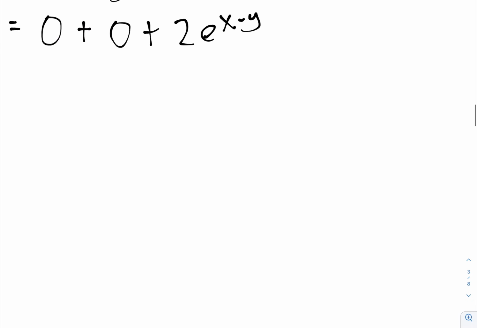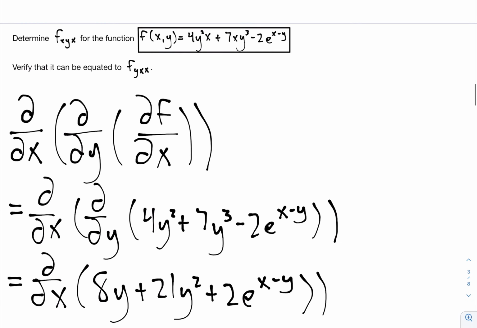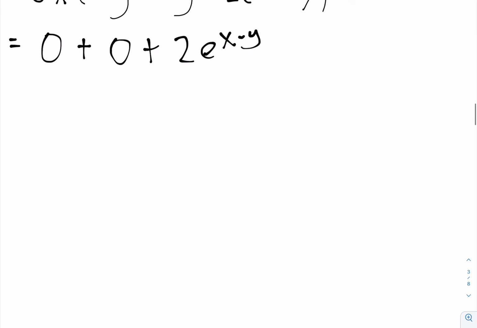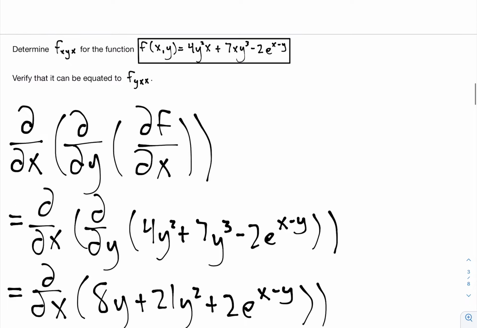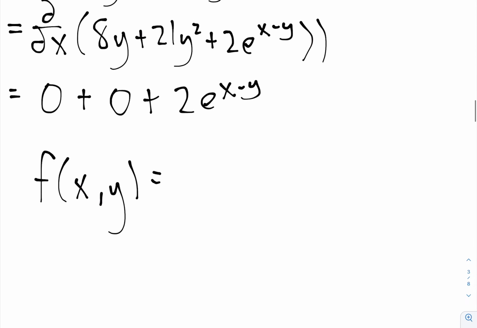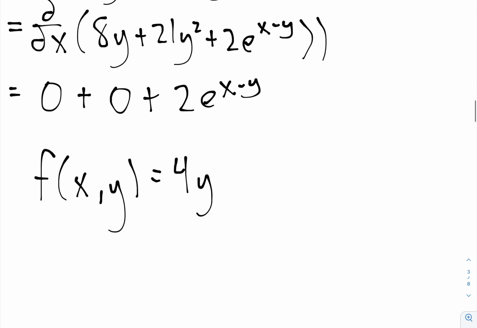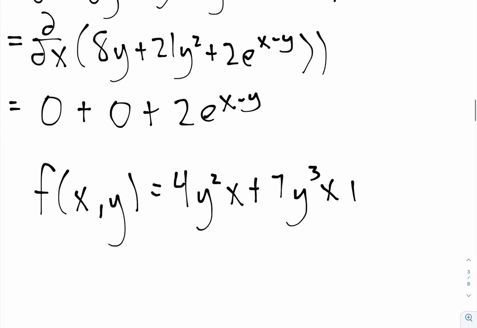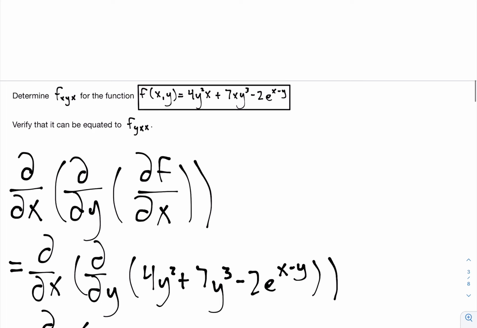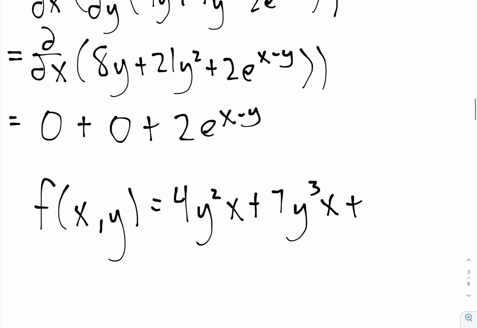Now let's do the same thing for f sub yxx, and see if it's the same thing. So I'm going to rewrite the function f of x, y. That was equal to 4y squared x plus 7 y cubed x minus 2e to the x minus y.